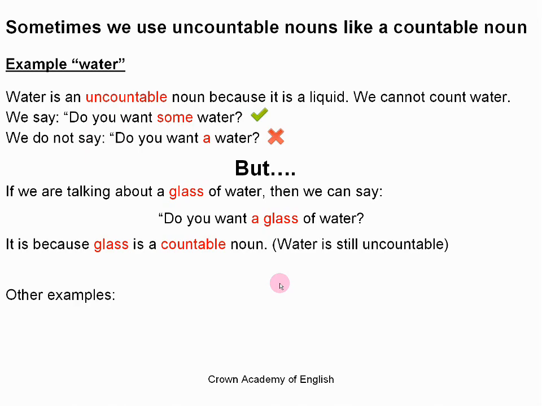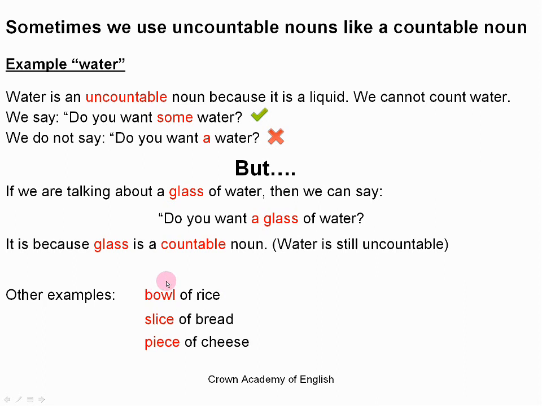And there are many examples of this. For example, bowl of rice, slice of bread, piece of cheese. So rice, bread and cheese are all examples of uncountable nouns.